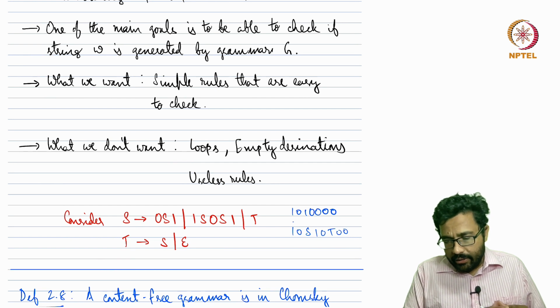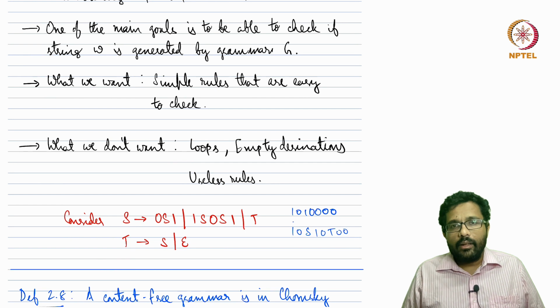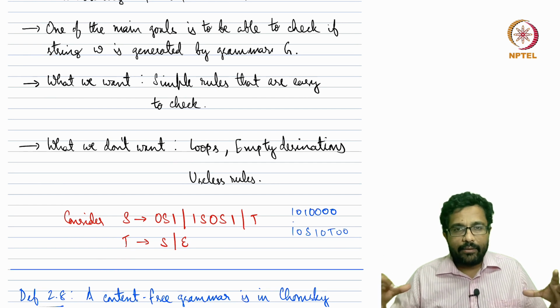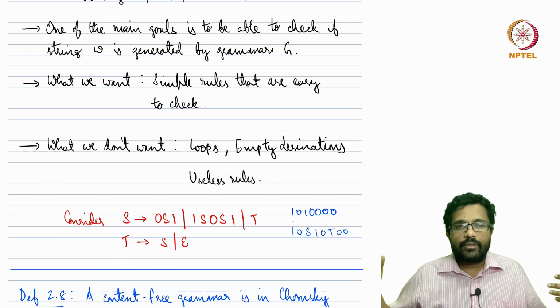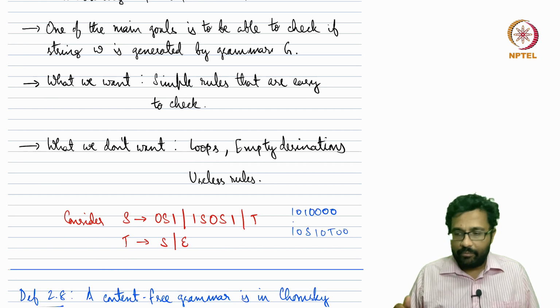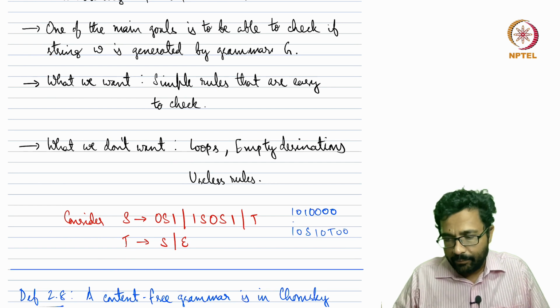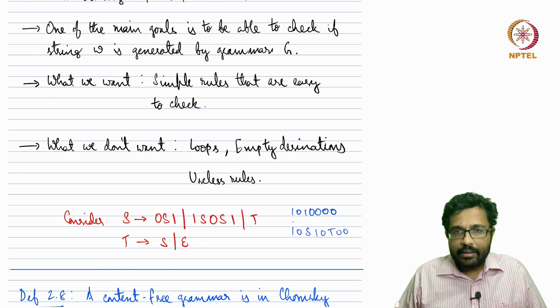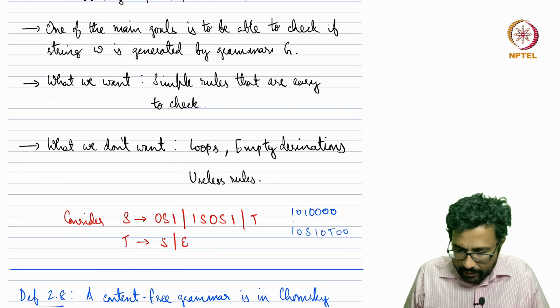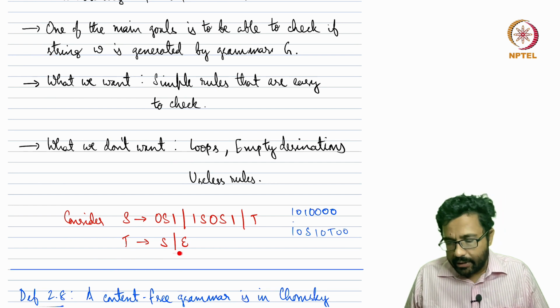But this would have been fine only if the lengths of the derived strings do not become smaller. When you apply rules, if the lengths only keep getting bigger, I can stop at the length of the string that we want. But in this particular grammar that is not the case, because we have the rule T gives epsilon.